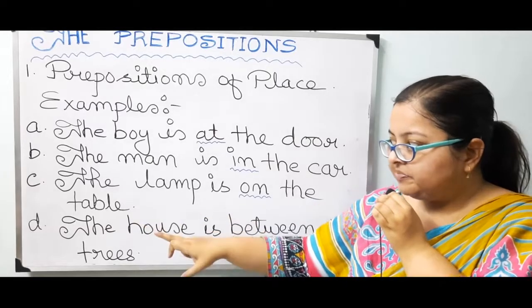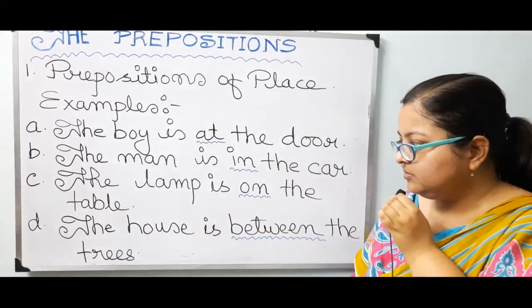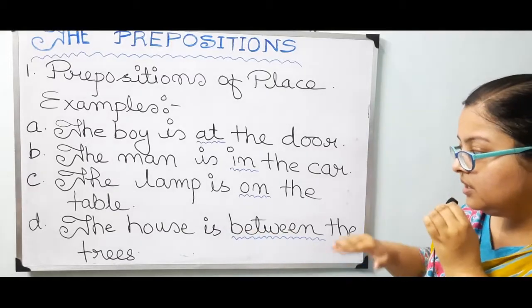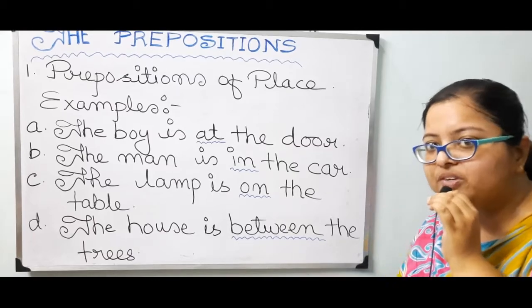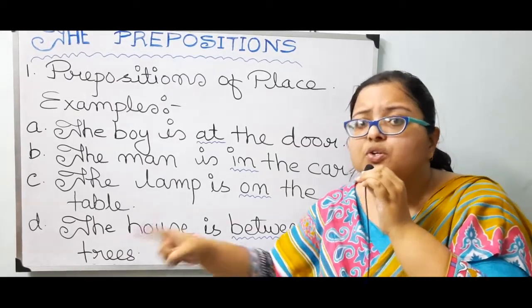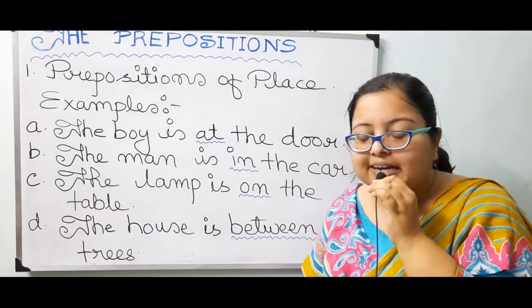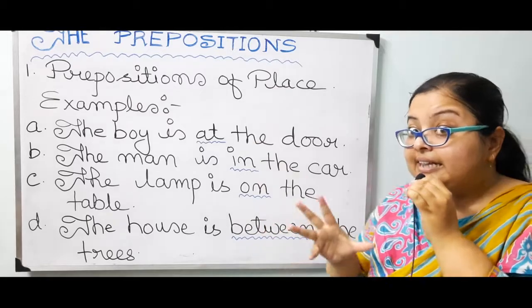Next, number D. The house is between the trees. Where is the house? Between the trees. Suppose there are 2 trees and in between of those trees the house is located. So what are these prepositions showing?